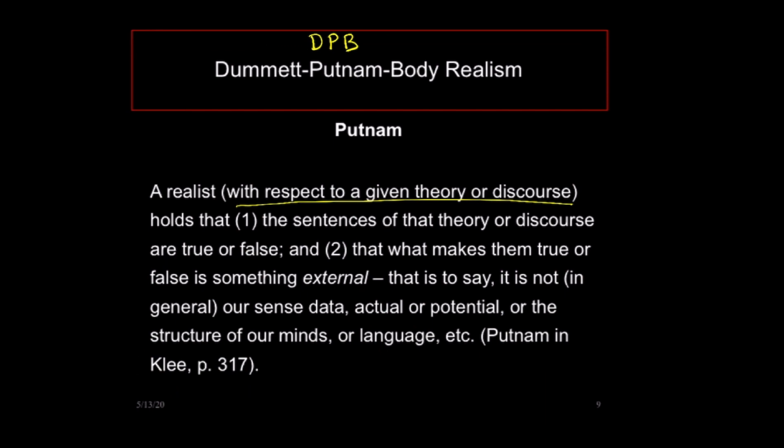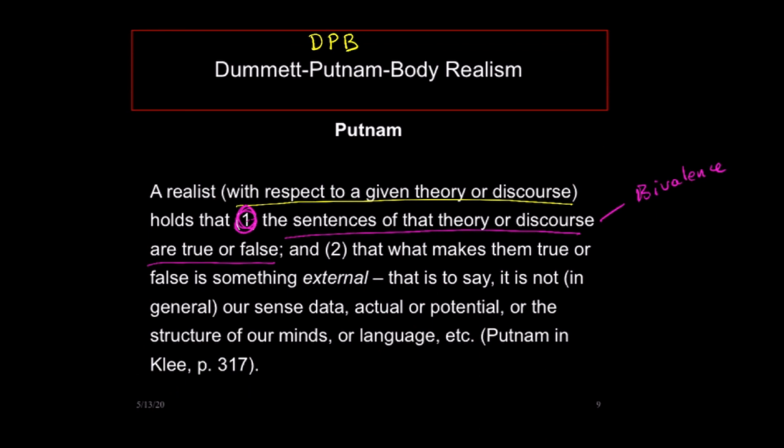So a realist with respect to a given theory or discourse holds two things. First, if you're a realist about a particular theory or discourse, what you believe is that the sentences of that theory or discourse are true or false. And what that means is that you believe in bivalence. You believe that the statements in your theory are bivalent, that they must be determinately either true or false, okay?